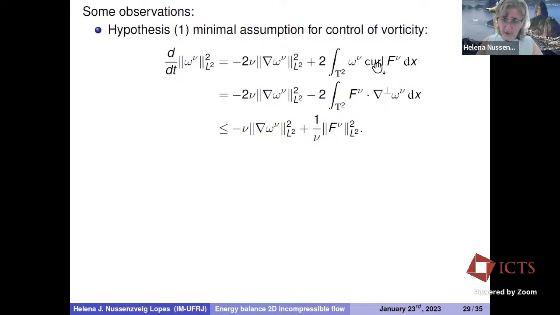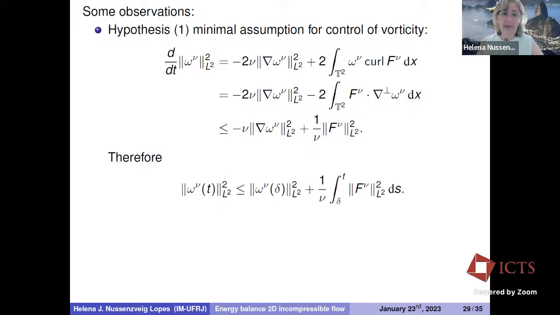So I throw this curl onto the vorticity and I get -2 times the integral of F nu times the grad perp of omega nu. And then I can use Young's inequality here and split this integral into a part with the gradient of vorticity, which will be absorbed here, and a part with the L2 norm squared of F nu, paying a price, which is a 1 over nu coefficient here.